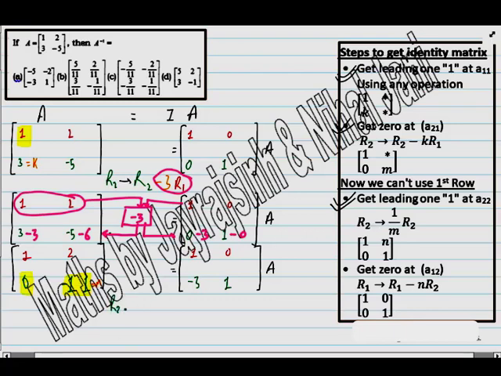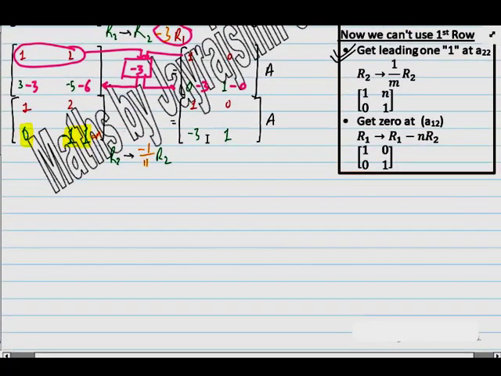Using the operation, R2 gives 1 by m, or we can say minus 1 by 11 R2, right? That means we have to take minus 11 common from the entire section.